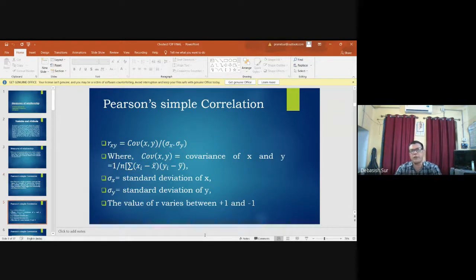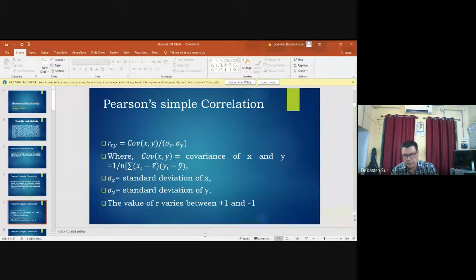So now this is the formula. Generally, Pearson simple correlation coefficient is denoted by rxy, where x and y are the two variables, and it is covariance of xy divided by standard deviation of x into standard deviation of y.